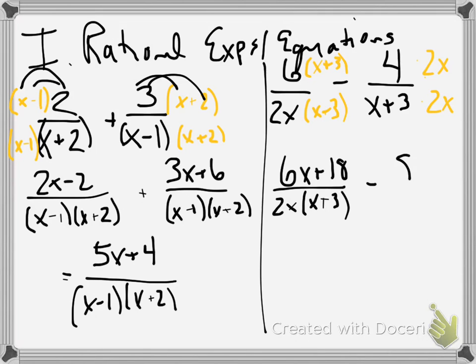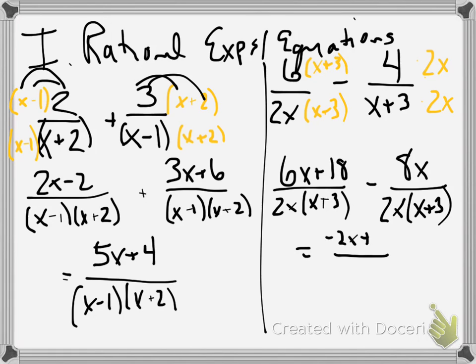And my right fraction will be 8x over 2x times x plus 3. Again, denominators are the same, so I can subtract. I get negative 2x plus 18 over 2x times x plus 3.